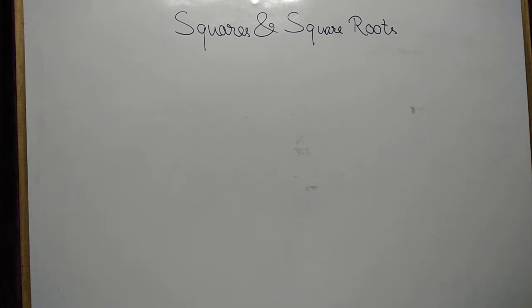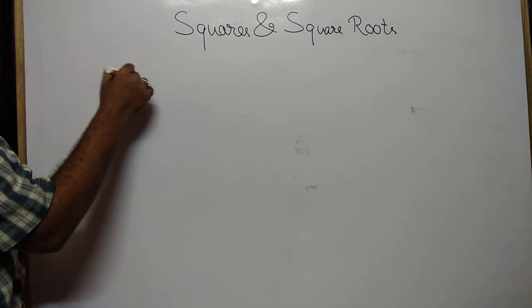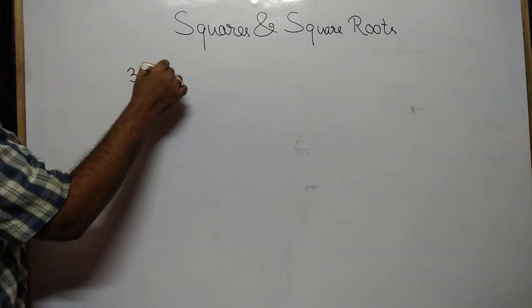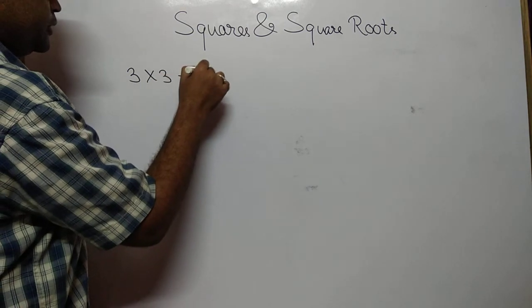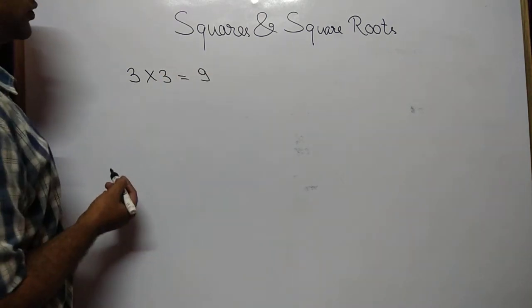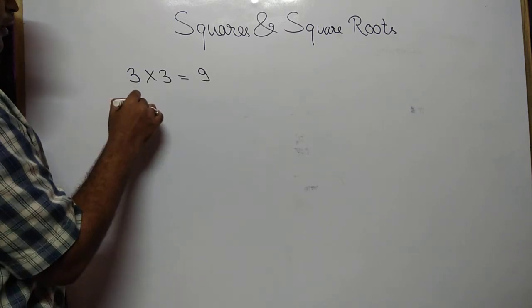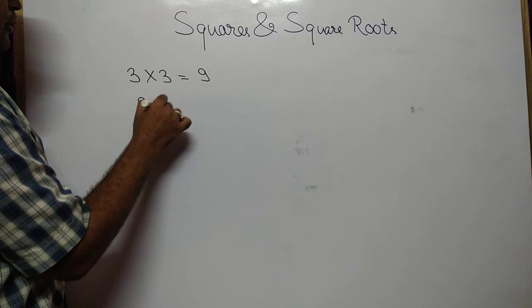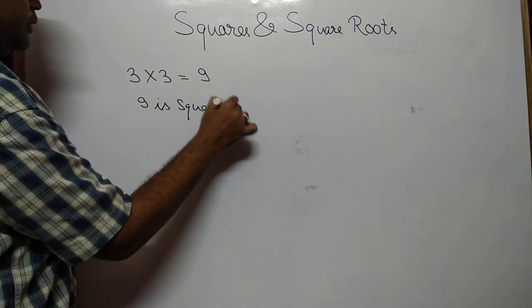Sorry. Let's start. What are squares? If a number, say 3, is multiplied by itself, the product obtained is known as the square of that number. Here 9 is the square of 3.